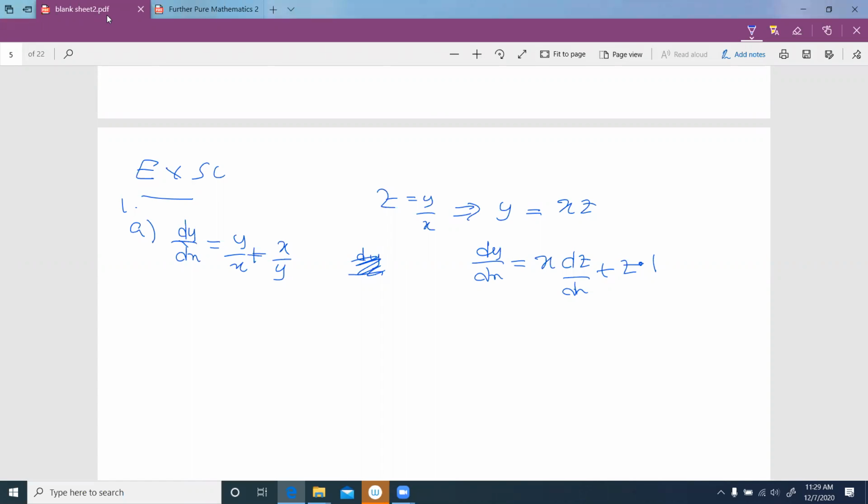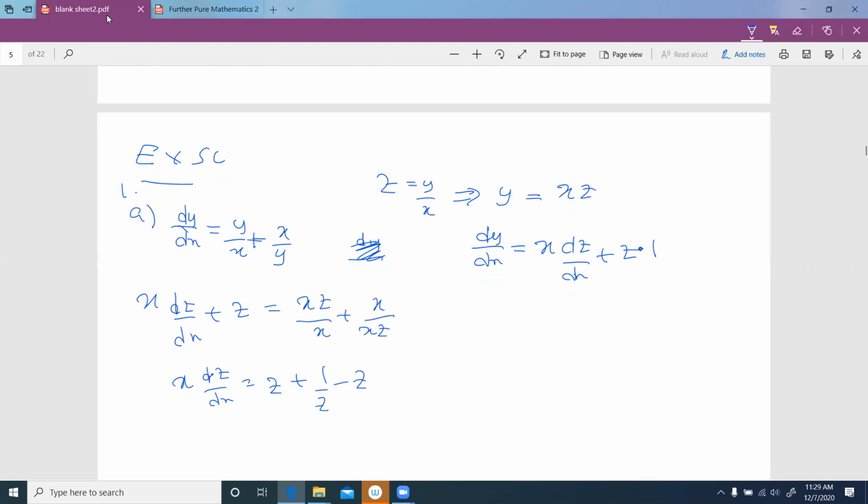So we can replace it over here: x dz over dx plus z equals y over x plus x over y. Y we can replace with x z. So x z over x plus x over x z. If we simplify, we get x dz by dx equals z, plus 1 over z, and minus z comes over here.